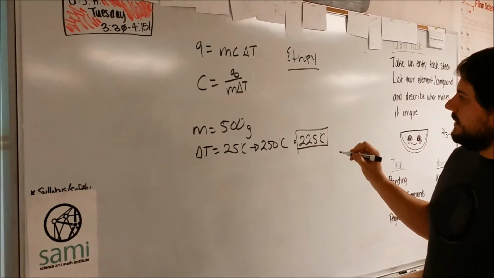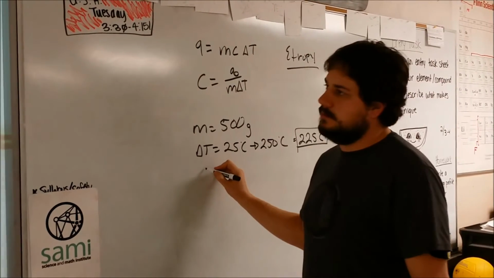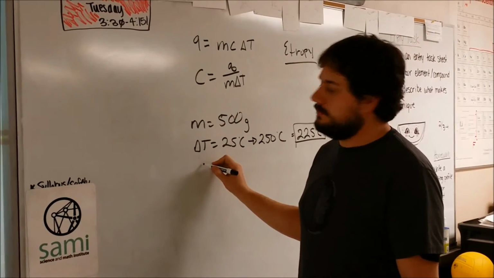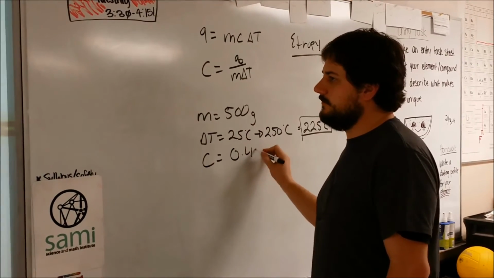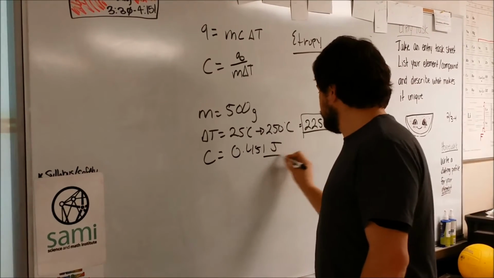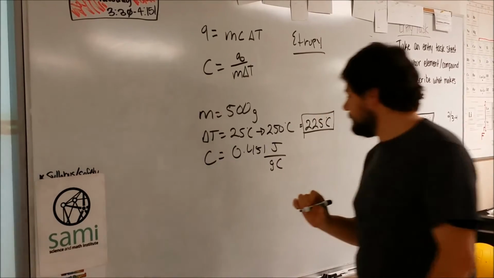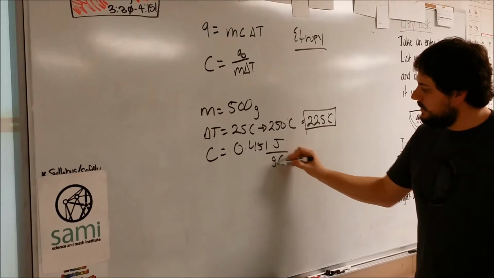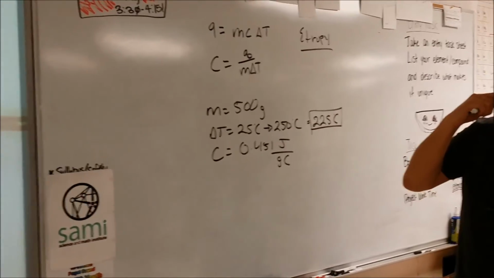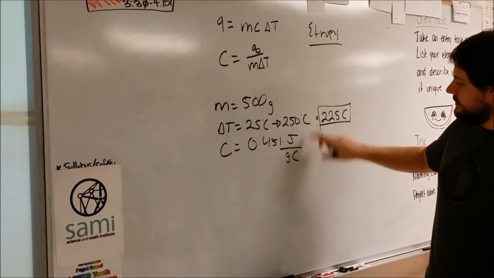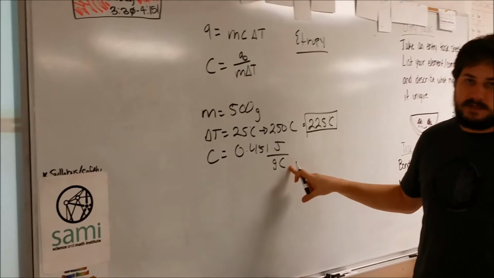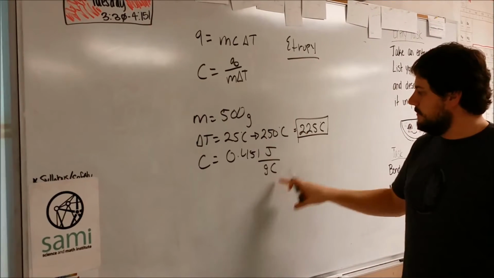And then the specific heat capacity is going to be your C, which is 0.451 joules per gram Celsius. Now this is where I check my units: grams, grams, Celsius, Celsius. I'm not going to change my units at all because these are matching.